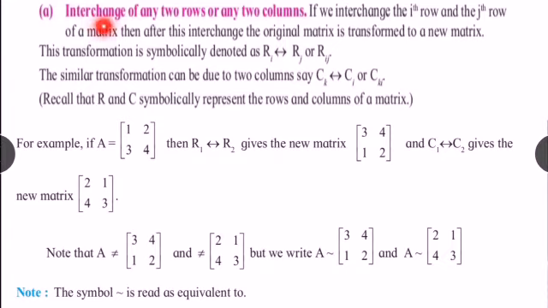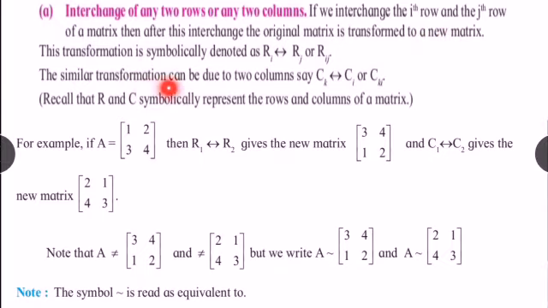First is interchange of any two rows or any two columns. If we interchange the ith row and jth row of a matrix, then after this interchange the original matrix is transformed to a new matrix.